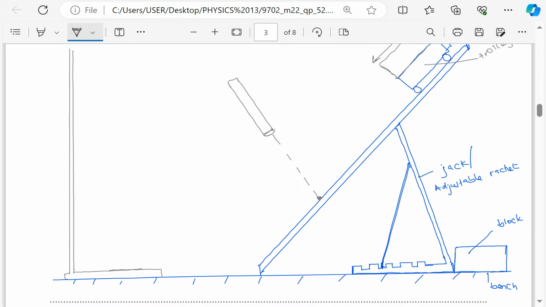It's always good to draw using a pencil so that you can draw a very neat diagram. Where possible, please make sure you use a ruler so that your diagram gives a good picture to the examiner.